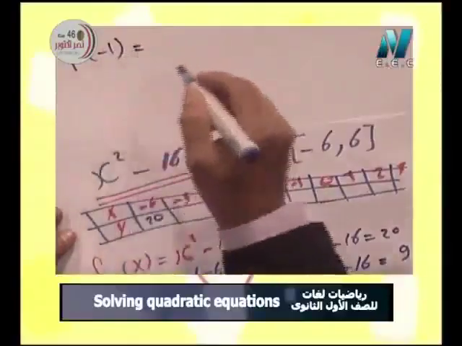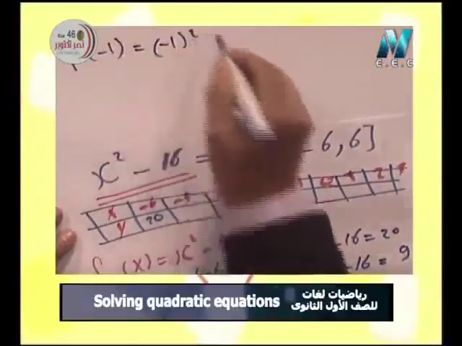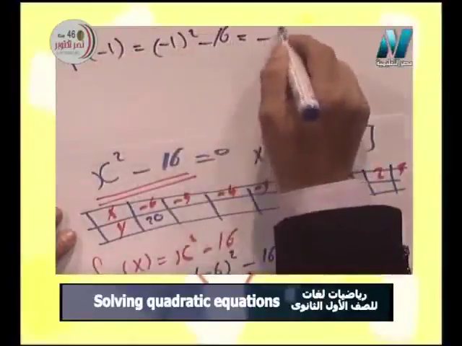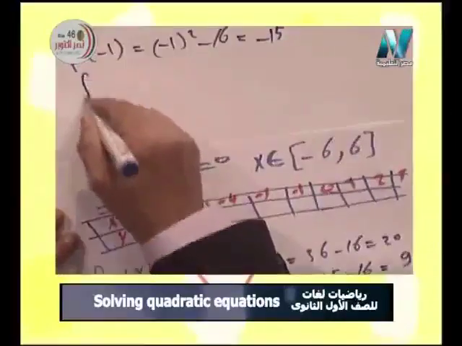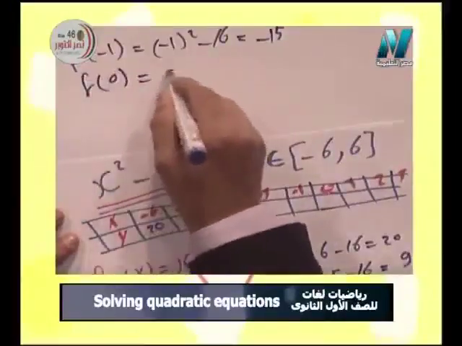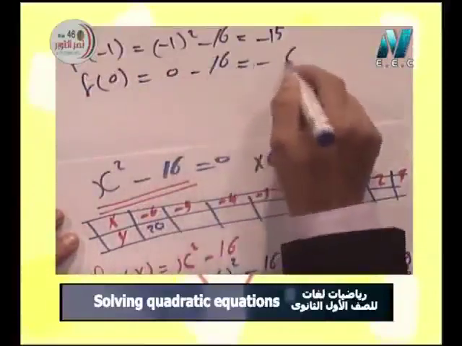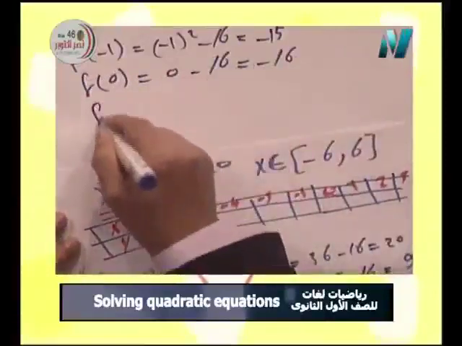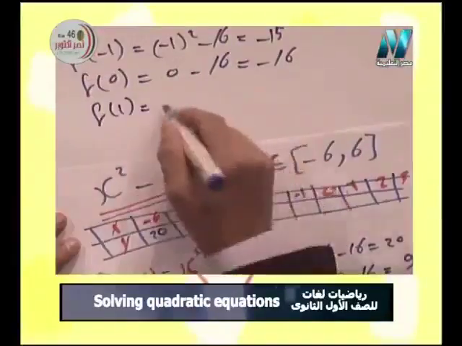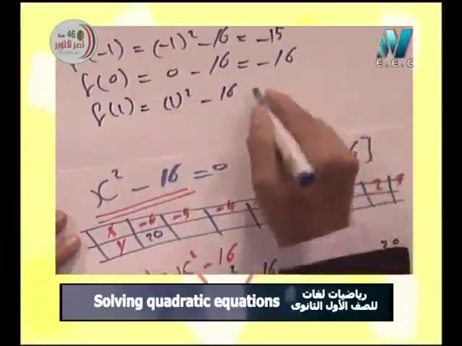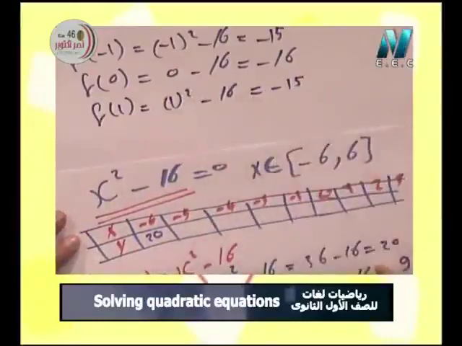f of negative 1 also will be negative 1 power 2 minus 16. It's negative 15. f of 0 equals 0 power 2, which is 0, minus 16 equals negative 16. f of 1 equals 1 power 2 minus 16 equals negative 15, and so on.